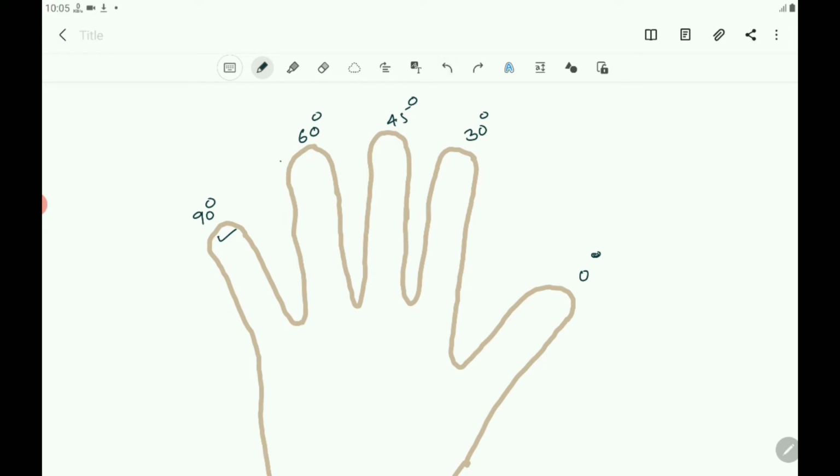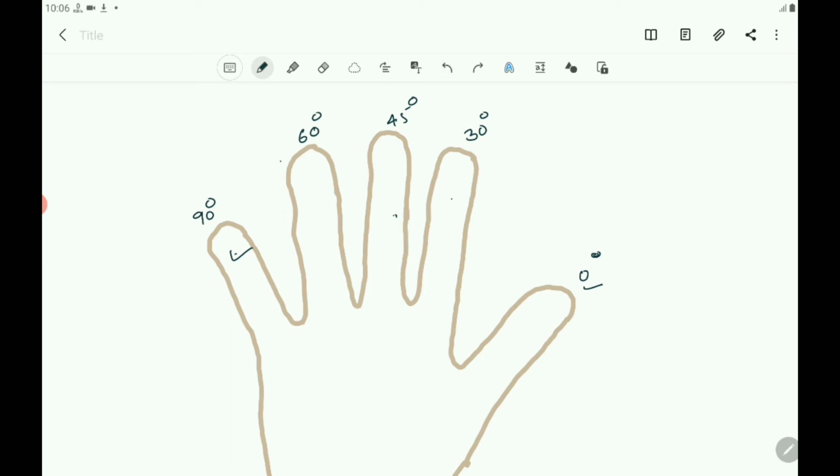And if you take the cos angle, for cos 0 you must take the fingers in this direction. For cos 0, here there are four fingers, and for cos 30 there are three fingers, and for cos 45 there are two fingers, and for cos 60 there is one finger, and for cos 90 there is no finger.